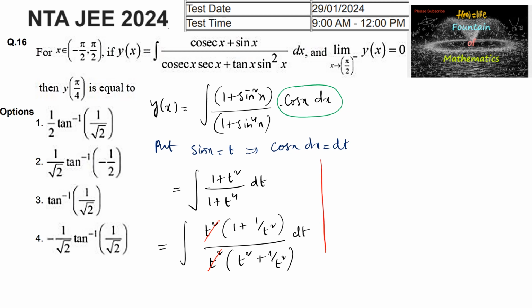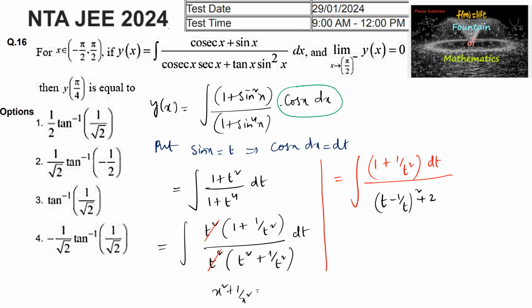So which is equal to (1 plus 1 by t square) dt divided by (t square plus 1 by t square), which is nothing but (t minus 1 upon t) whole square plus 2. By the formula x square plus 1 by x square equals (x minus 1 upon x) whole square plus 2.